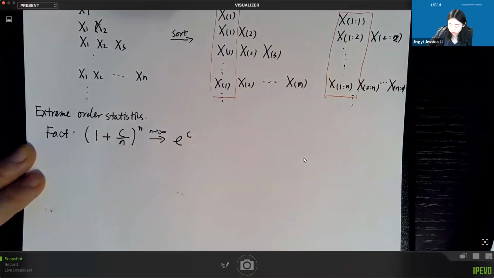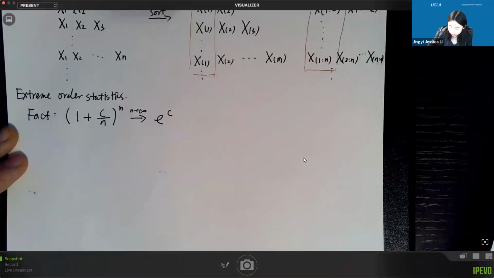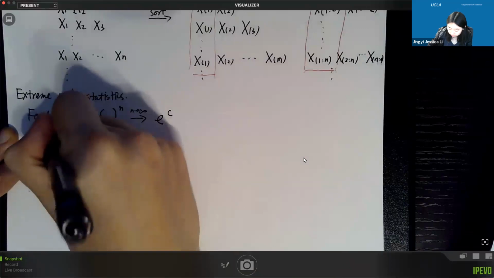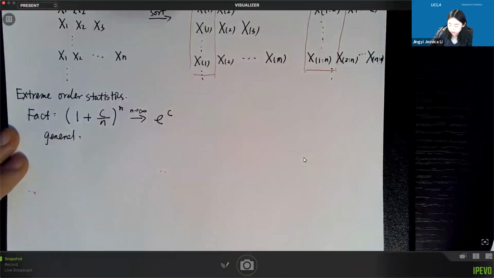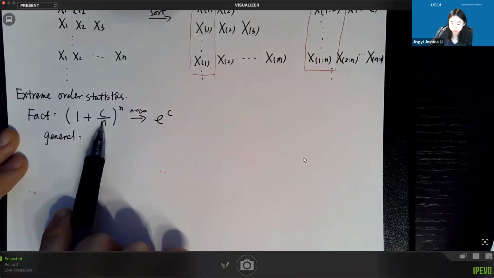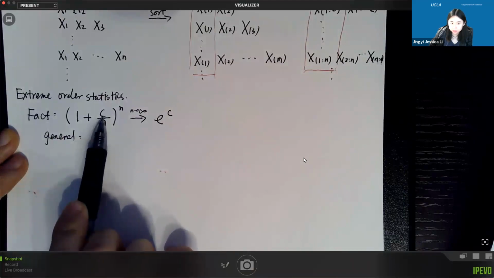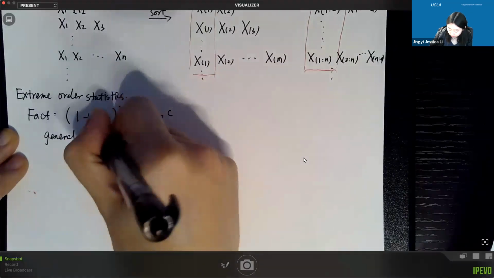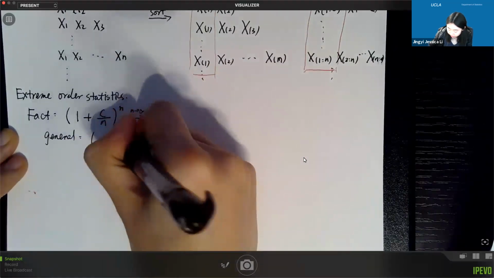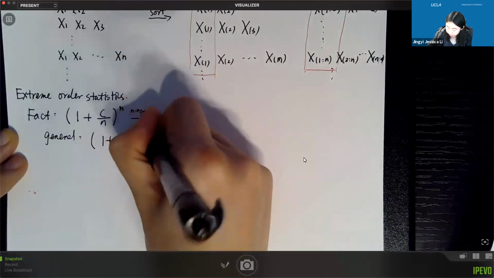Furthermore, a more general version of it is that we can replace n by some sequence that expands as n goes up, and we can also replace c by some sequence that converges to c. So we can write it as (1 + cn/bn) to the power bn.